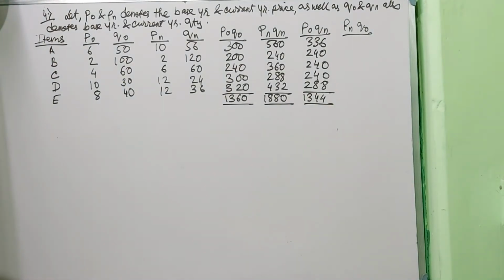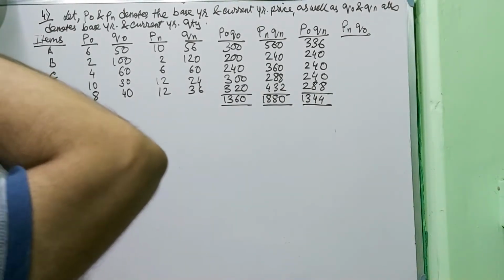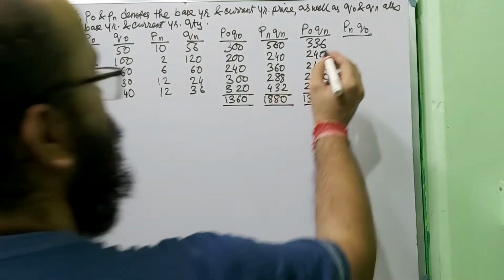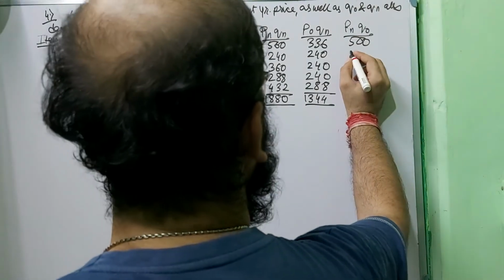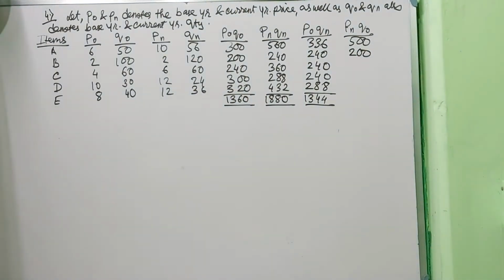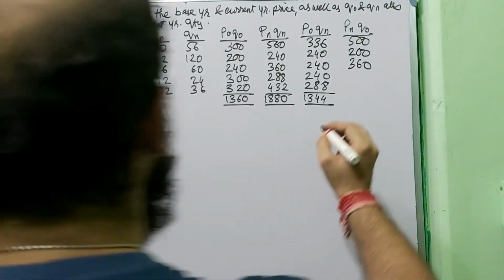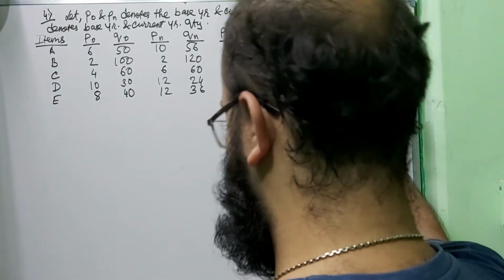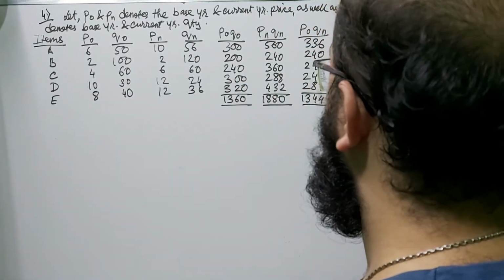And PnQ0: Pn is 10, Q0 is 50, means 500, 200, 360, 360 again, 480.